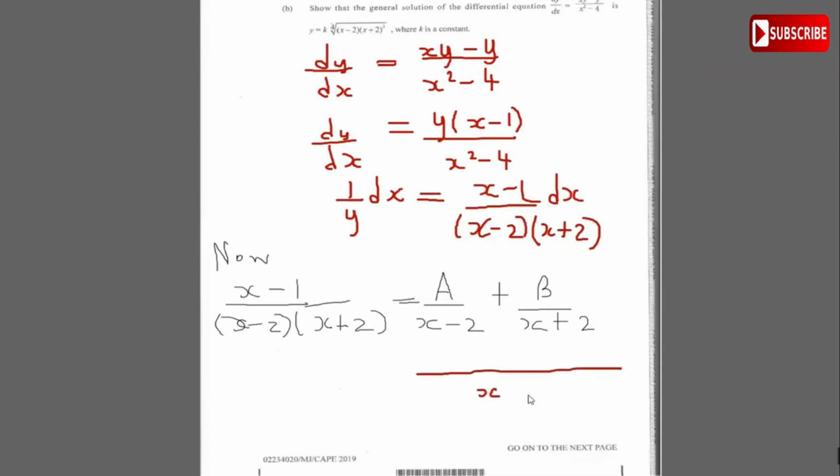The LCM would be x minus 2 times x plus 2, and so we're going to get a times x plus 2, plus b times x minus 2, and that's going to be equal to x minus 1 over x minus 2 times x plus 2.